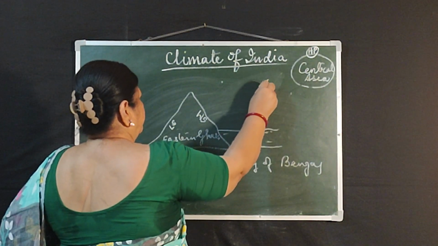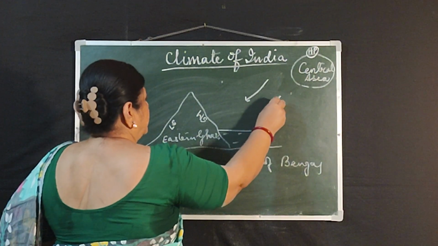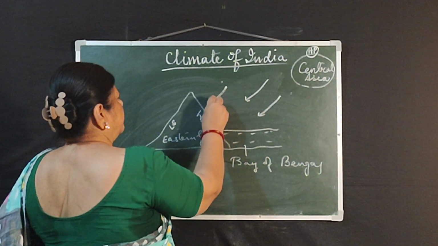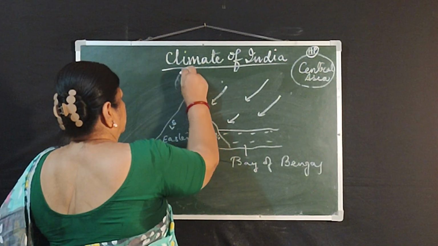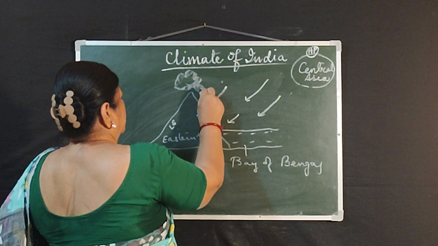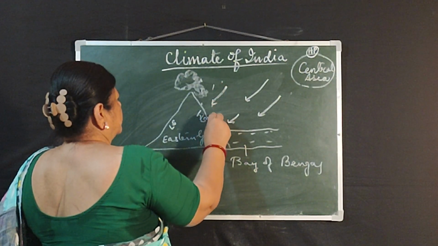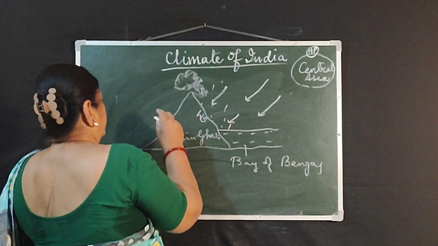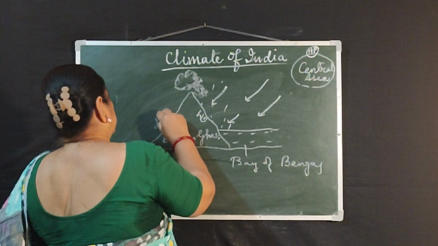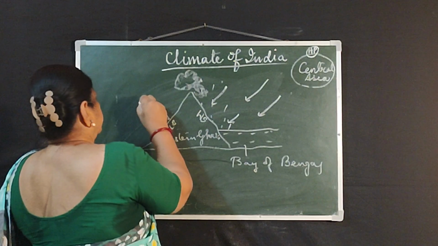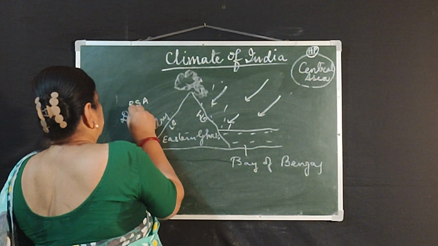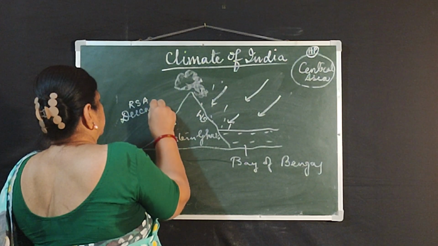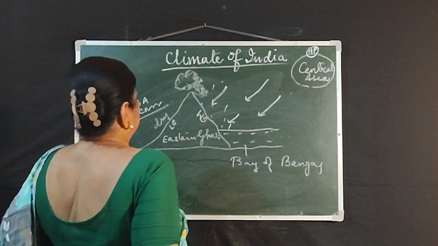Draw the Bay of Bengal branch of the winter monsoons in this way. They are bringing rainfall on the windward side, that is the east coastal plain, but the leeward side is dry and this is the rain shadow area. The Deccan Plateau is located here on the leeward side.